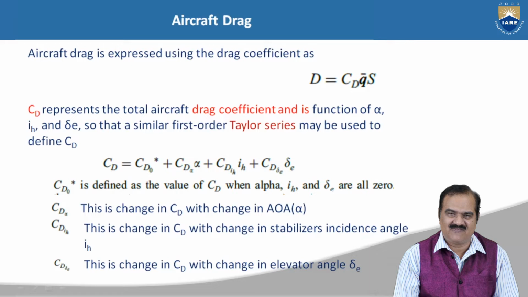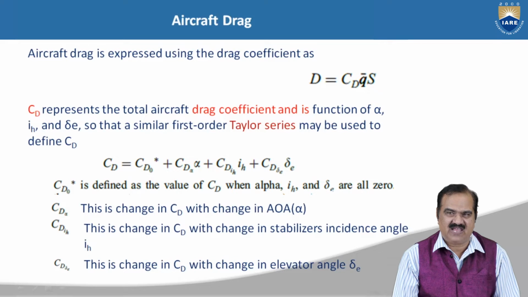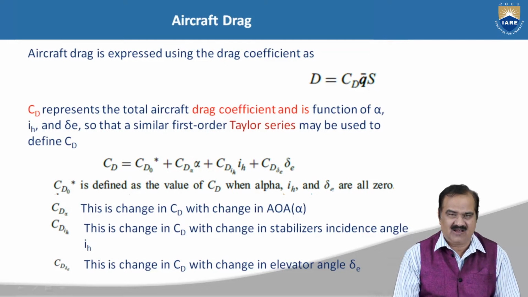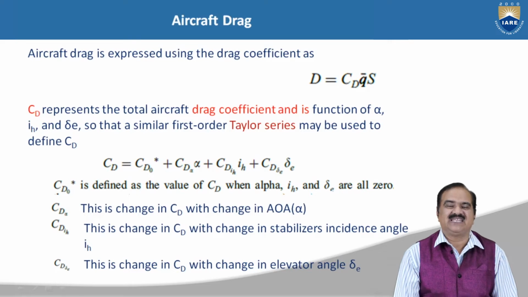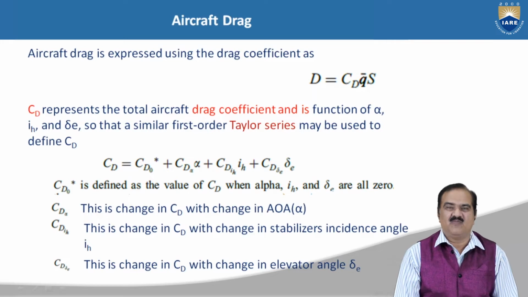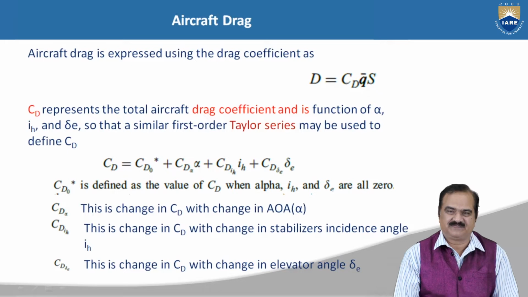The second derivative is CD_iH. This is the change in coefficient of drag with change in stabilizer's incidence angle, that is called iH. Here also, if we change the angle of incidence of the tail plane or the horizontal stabilizer, there is a change in coefficient of drag, and this derivative gives how much is required for this different angle setting of the tail plane.